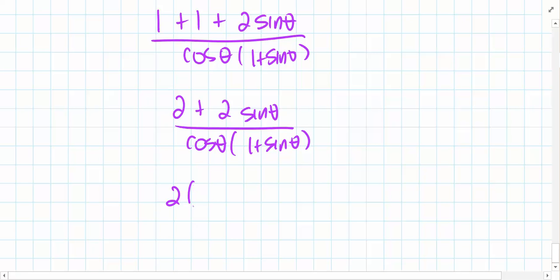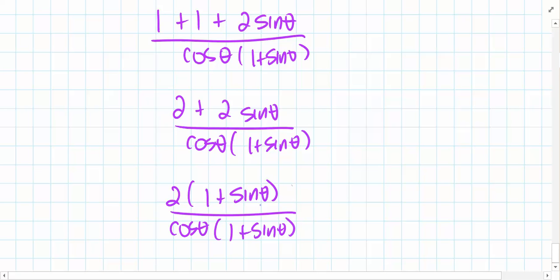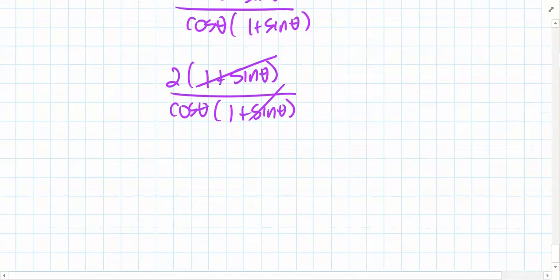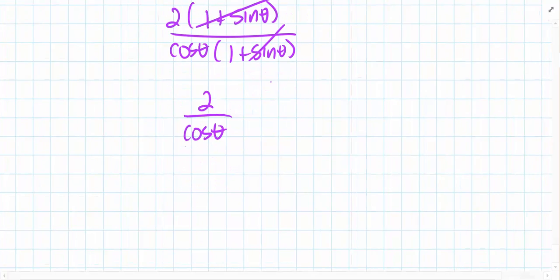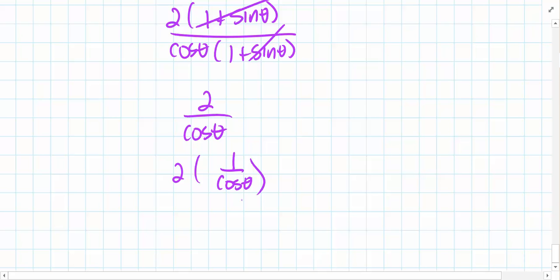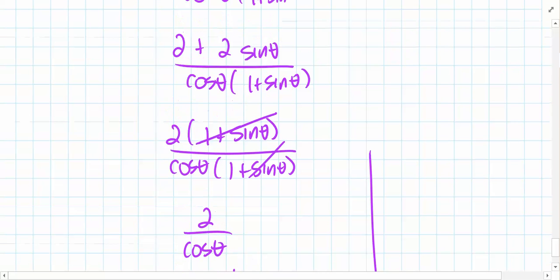Good. 2 times 1 plus sine theta all over cosine theta times 1 plus sine theta. Then what happens? Then you cancel out the 1 plus sine theta, giving you 2 over cosine theta. Then what happens? And you can move it back to the front. Yes. So it's 2 times 1 over cosine theta, which is equal to 2 secant theta.